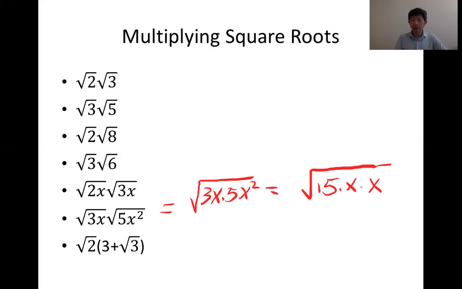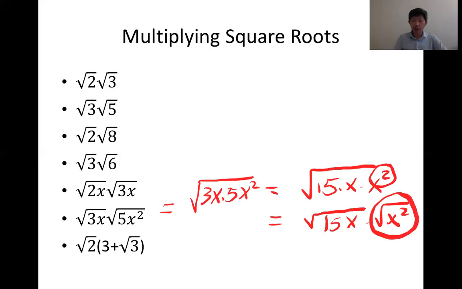I'm going to leave it as x squared because I can cancel this out, right? I can cancel the square root. So therefore, I change this into square root of 15x times square root of x squared, and this actually is x times square root of 15x. That will be the answer.